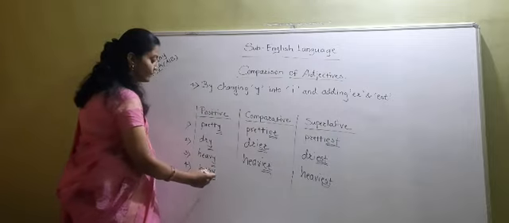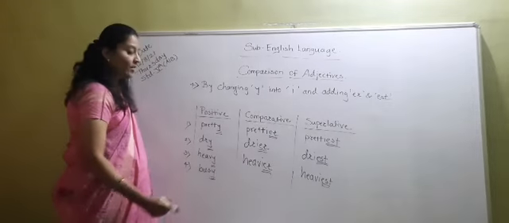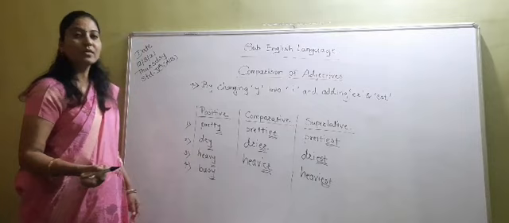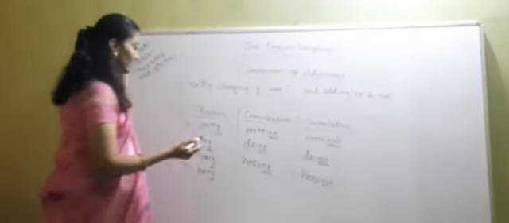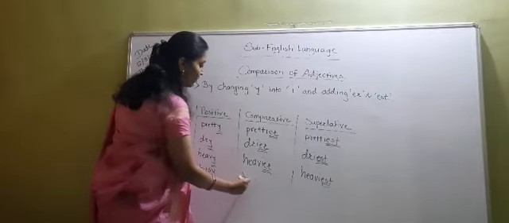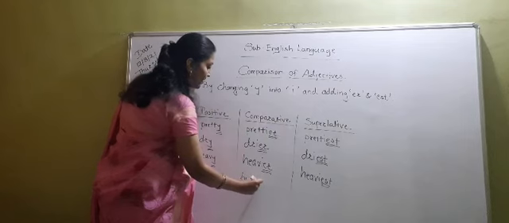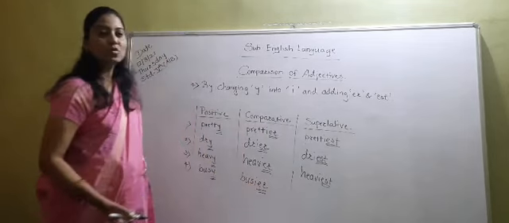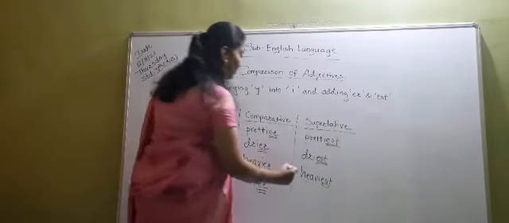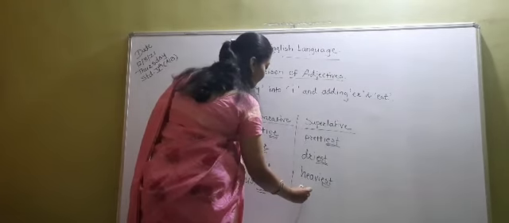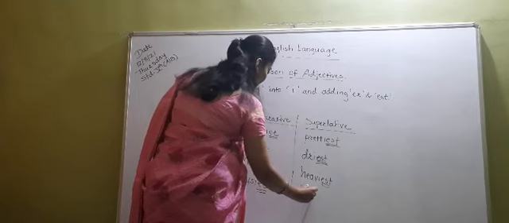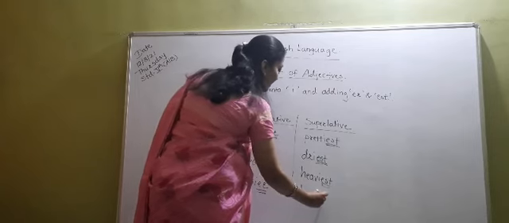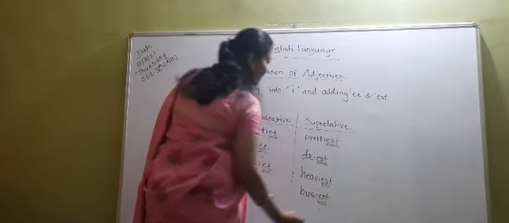B-U-S-Y. Spelling ends in Y. So what you have to do? You have to turn this Y into I. B-U-S-I-E-R. Busier. And to form the superlative degree, you have to add EST. B-U-S-I-E-S-T. Busiest.